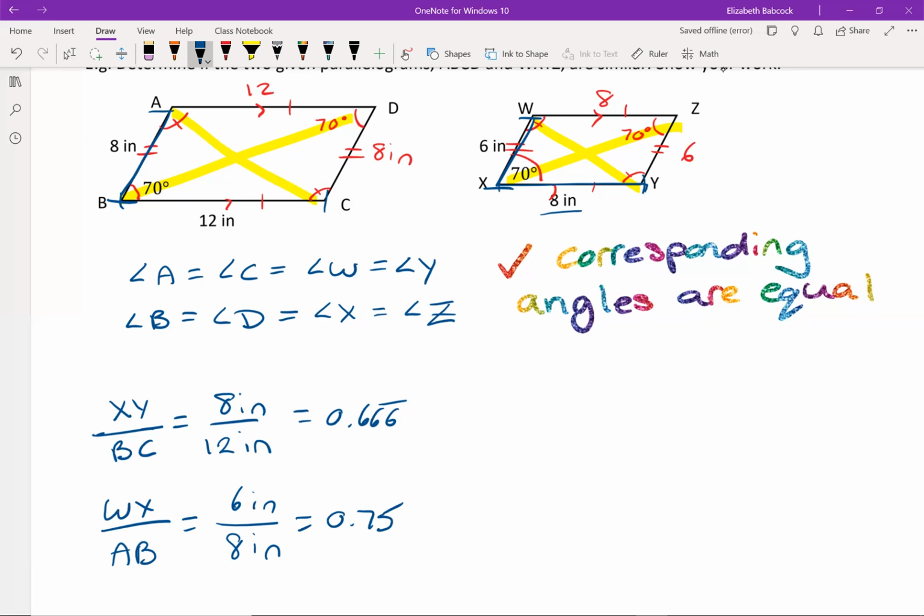From looking at these two calculations, we can determine these are not the same number. So we don't fit both properties. While all of our angles are equal, our shapes are not actually similar because corresponding sides are not proportional.